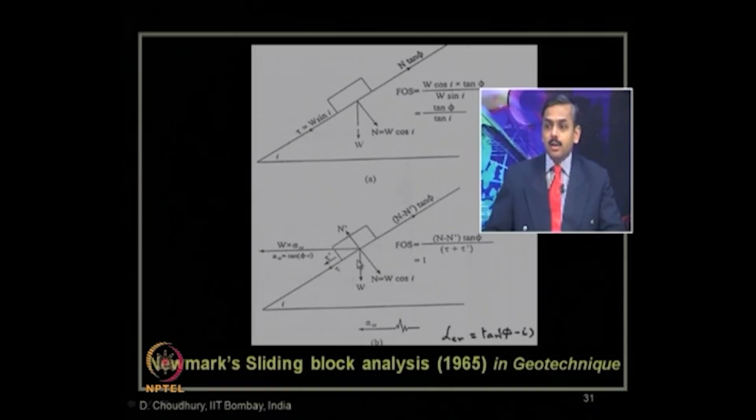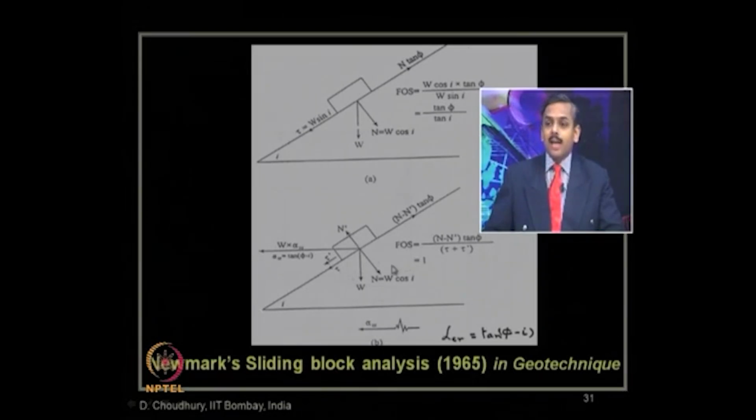Can you see that? Because this is adding to the driving force, this tau dash, and it is reducing the stabilizing force in terms of this N dash. Is it fine? Clear? So, using this, factor of safety can be calculated.